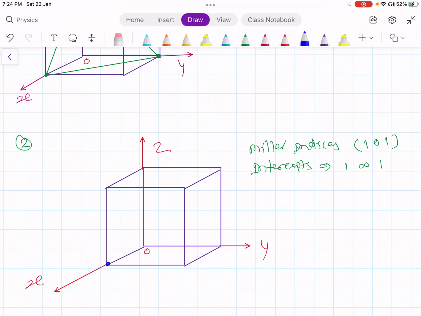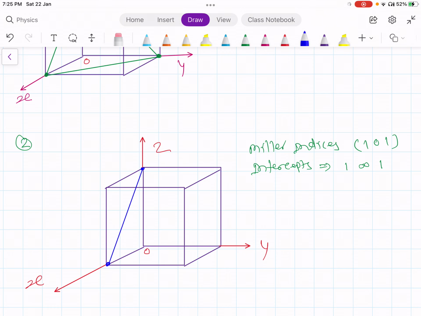So this is the one intercept on the x-axis, and there is an intercept 1 on the z-axis. But if you just connect this, you will get a single line.